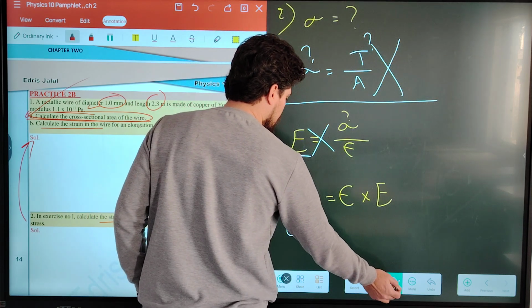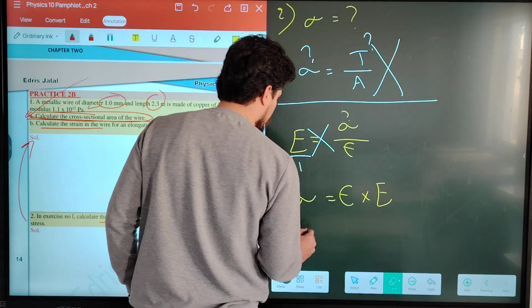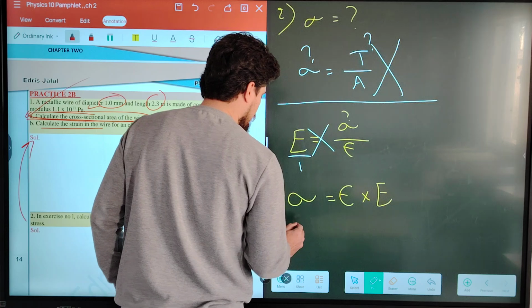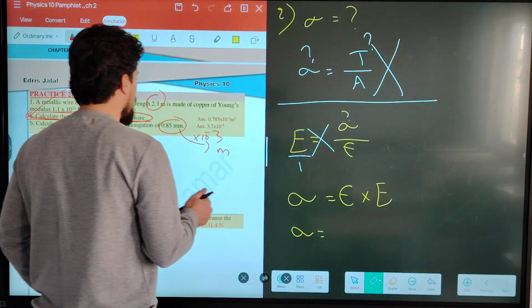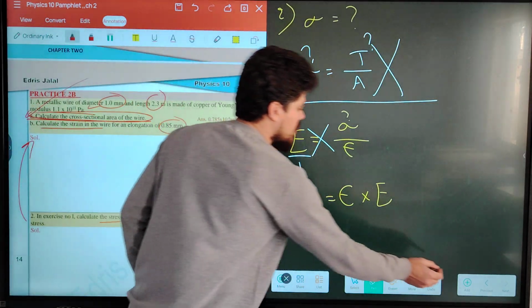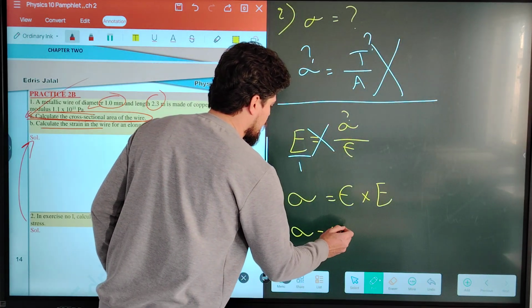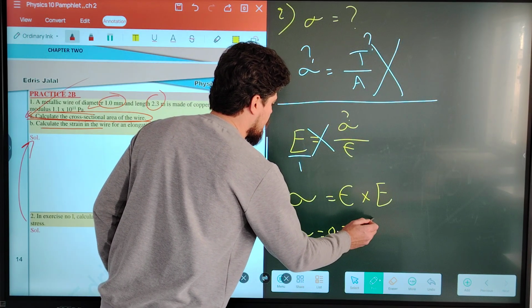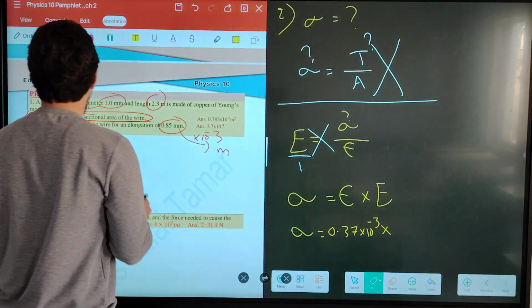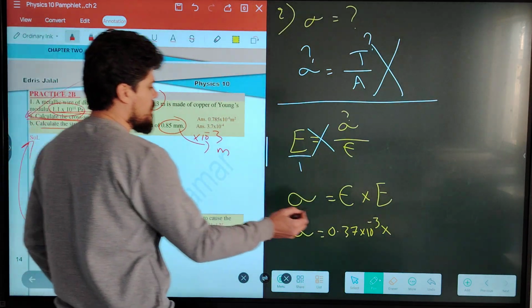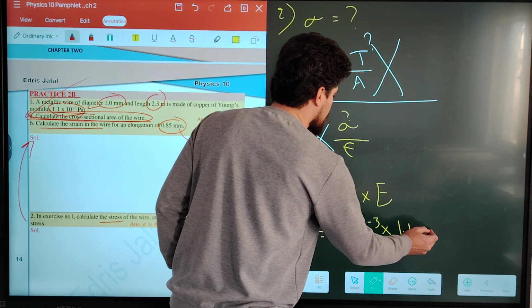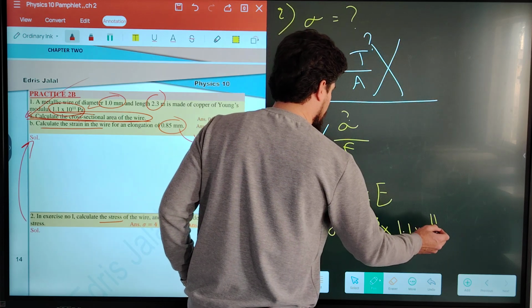Stress is equal to what? Strain, we didn't have, but we found it: 0.37 times 10 power negative 3 times Young's modulus. Do we have Young's modulus? Yes, 1.1 times 10 power 11.